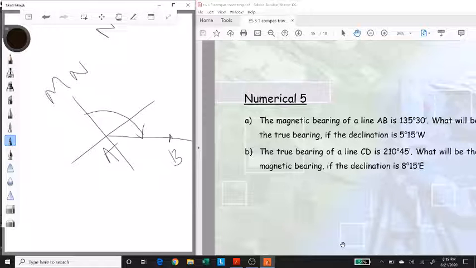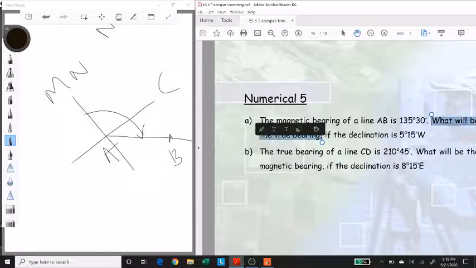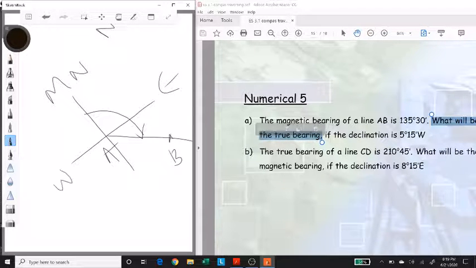So like we discussed, the declination could be declination east or declination west. In this case, it is declination west, which basically means that the magnetic north is towards the west of the true north. So this would be the true north, and to the west of it is magnetic north, and this angle is 5 degrees 15 minutes.